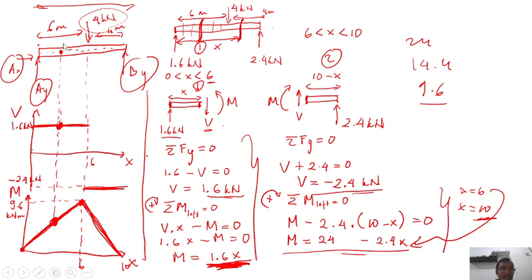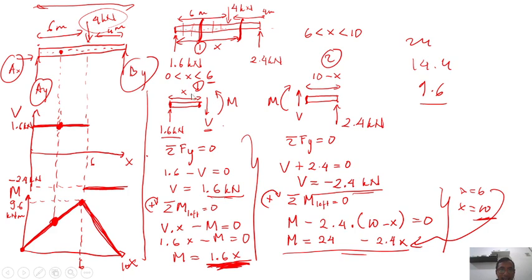So there are two different continuous equations. The first is from x equal to 0 to x equal to 6 meter, and the second is from x equal to 6 meter, where the 4 kilonewton is, to x equal to 10 meter.